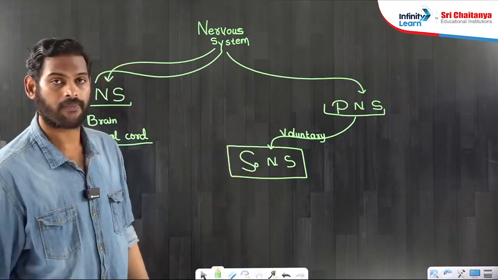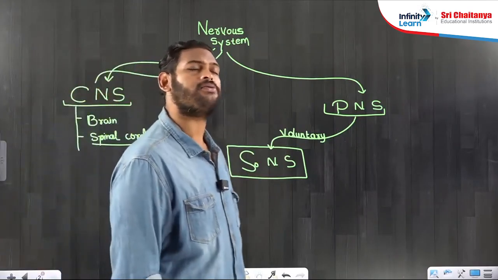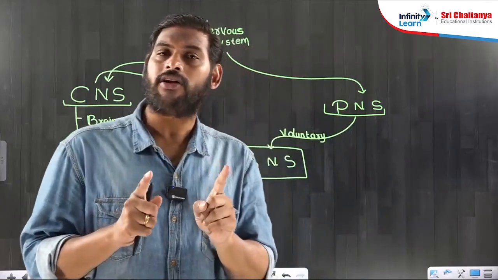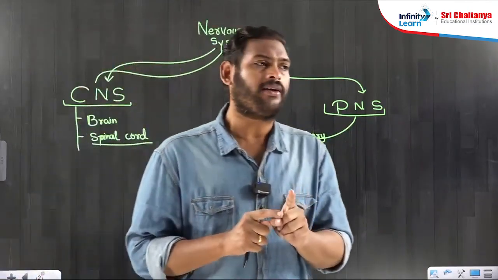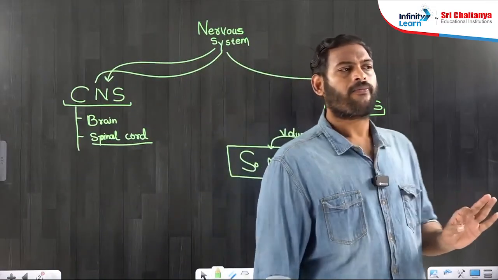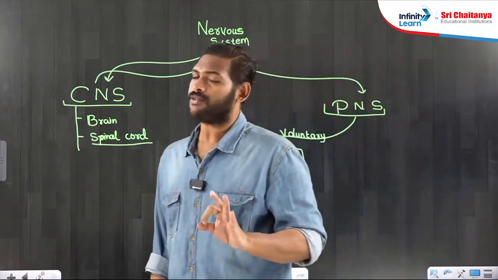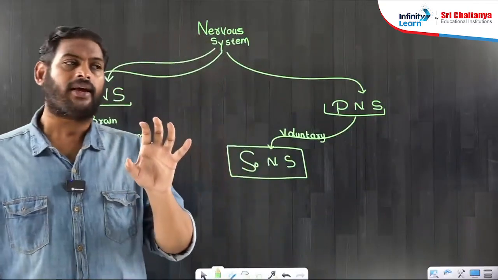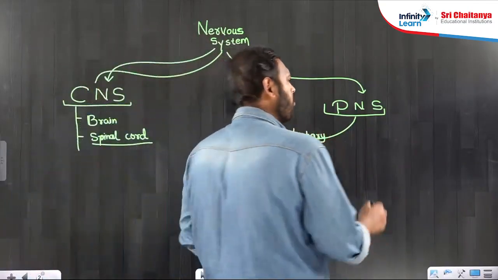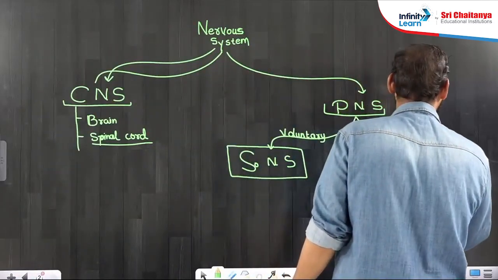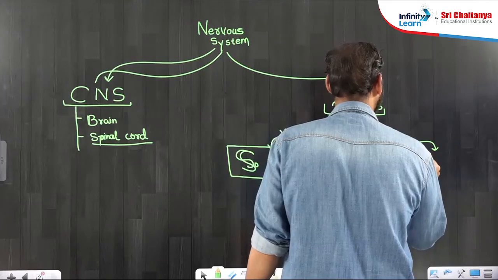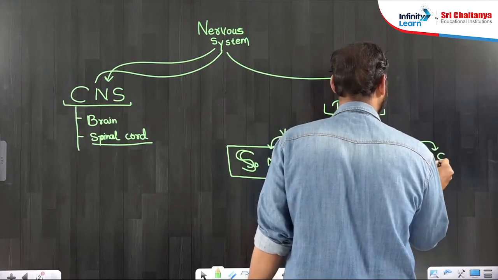Whereas there are many nerves and neurons which associate with involuntary organs or involuntary muscles. All those neurons or nerves which interact with involuntary organs and involuntary muscles, we may refer to as the automatic or autonomous nervous system.